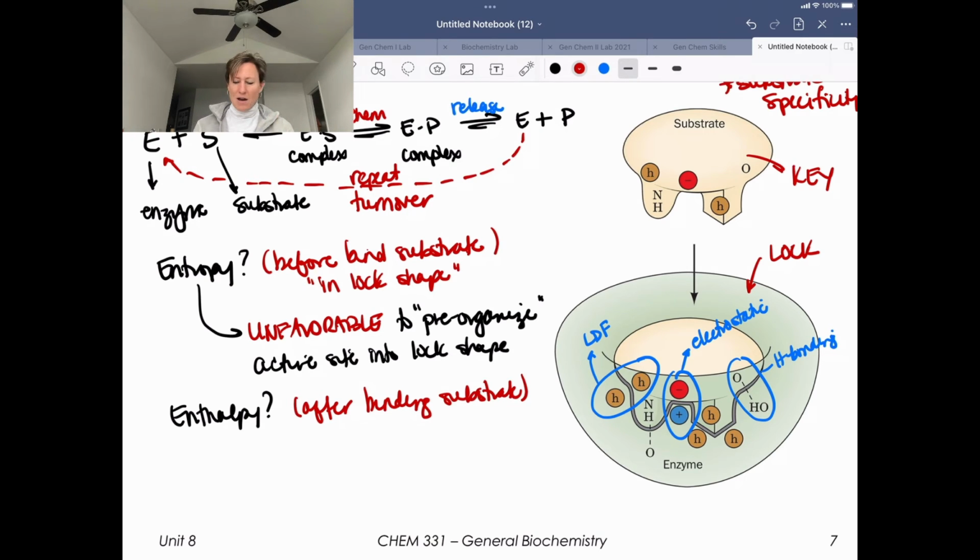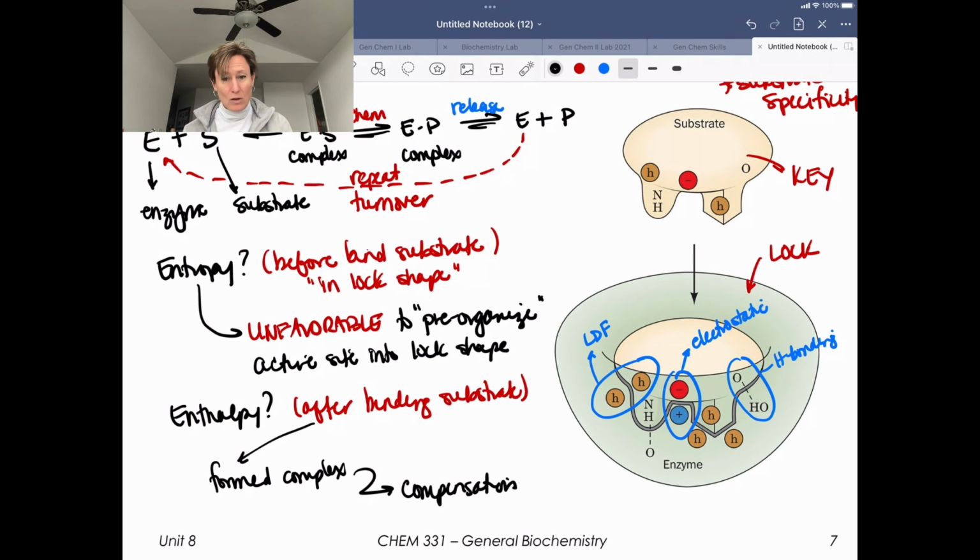After we've bound that substrate, after we've formed our complex, now we are going to get that compensation. That is going to allow us to compensate for that unfavorable enthalpy.